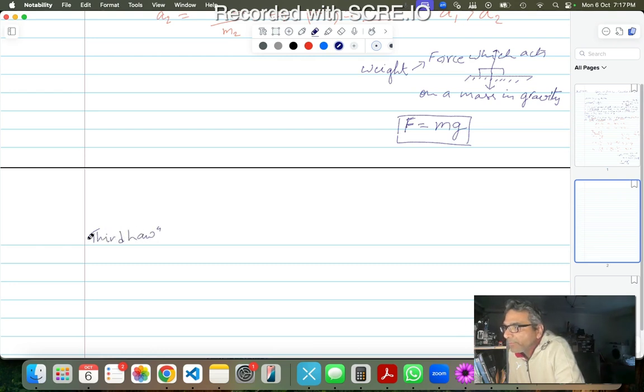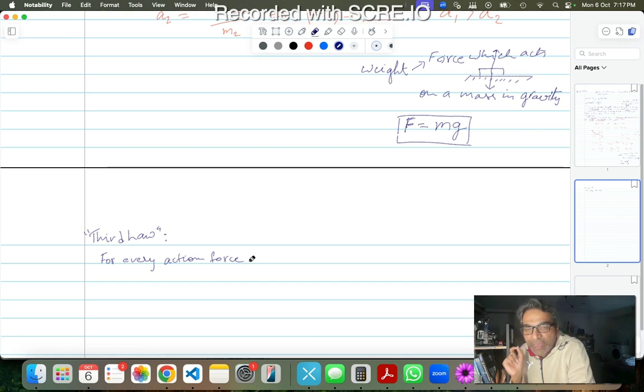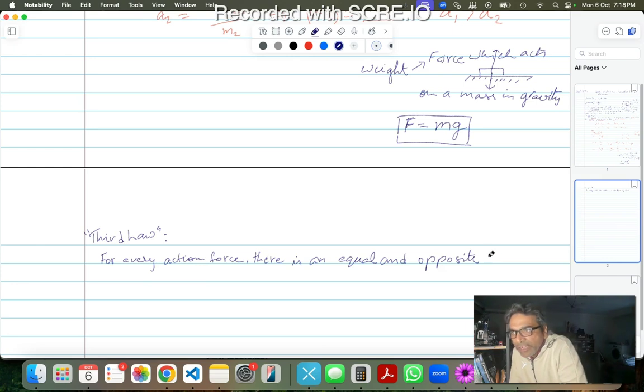So the third law states, for every action force, there is an equal and opposite reaction force.